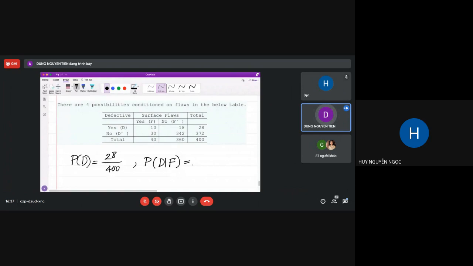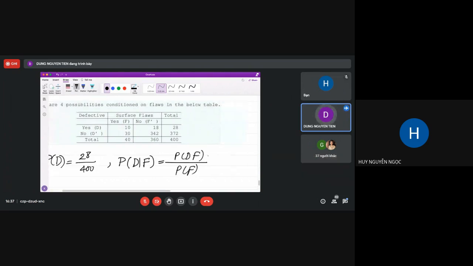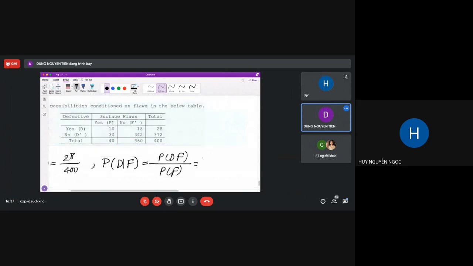You can use the definition. That is the probability of DF over the probability of F. The probability of F is simply 40 over 400.